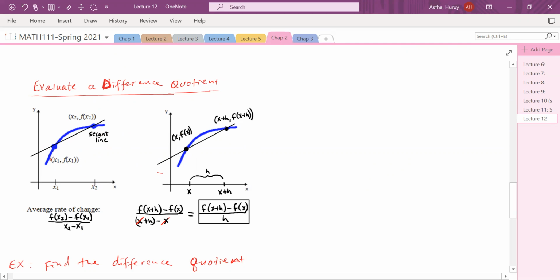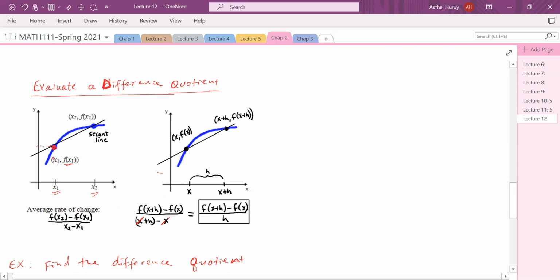So here, let's say we have a function, this blue line, let's call it f, and pick two values of x. Let's call them x1 and x2. Now, when you evaluate f of x at x equals x1, then the point is this one. So this point is x1 comma f of x1. f of x1 is always the y value, okay?